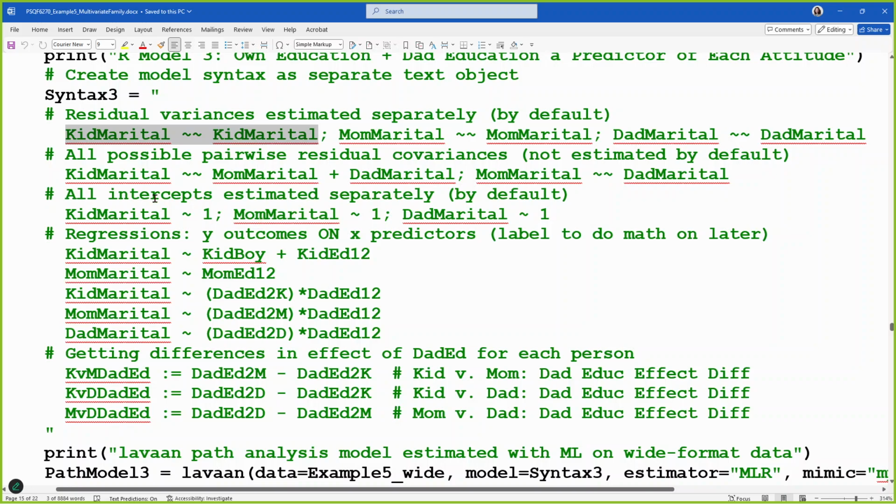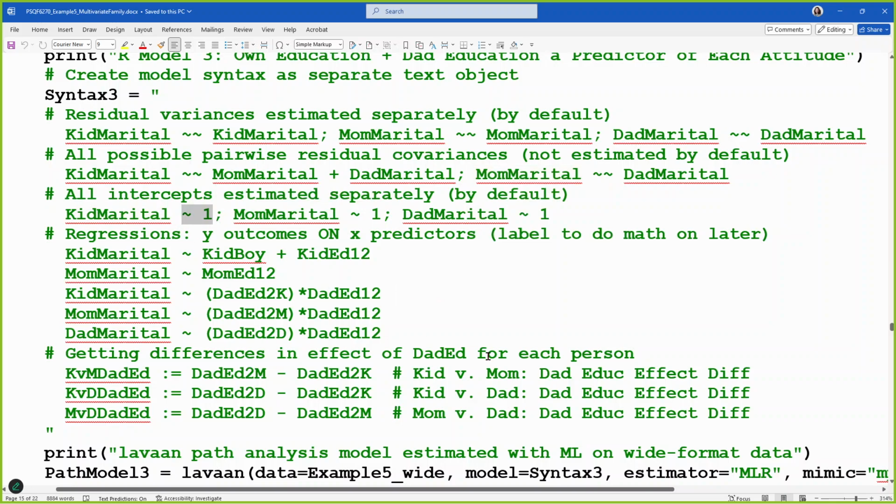If it is a different variable on each side, like kid marital and mom marital, that's a residual covariance, so the e's get to be related. It has a convention that allows you to add, which isn't really addition. It's saying make one for kid marital with this outcome too. Like, I want a residual covariance for dad with kid and then mom with kid, and then mom with dad is the third one.